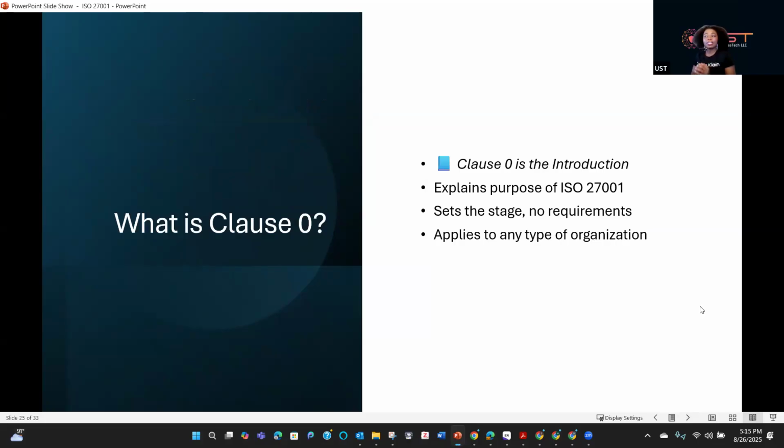But what is clause 0? It explains the purpose of ISO 27001. It sets the stage. Its requirements apply to any type of organization. You see, it doesn't matter the organization size.